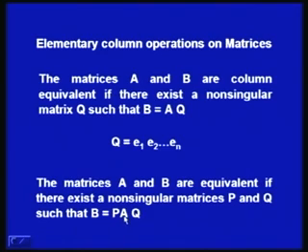P consists of the elementary row operations and Q of the column operations. So, the two matrices are equivalent if B is equal to PAQ. So, we have row equivalence, we have column equivalence, and simply the two matrices are equivalent.